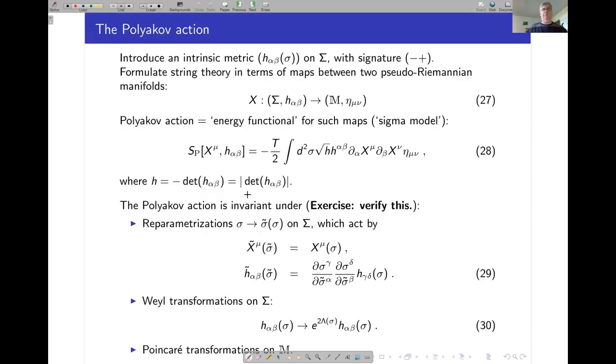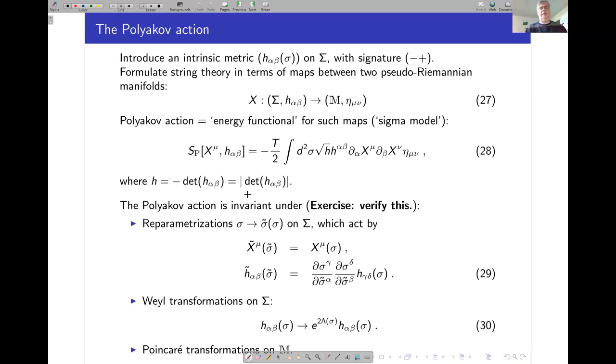But before coming to how to do this, I would like to introduce to you a second action principle for strings, the so-called Polyakov action. The Polyakov action works as follows. The first step that we take is that we introduce an auxiliary variable similar to the auxiliary variable e in the third action principle that we discussed last time for the relativistic particle.